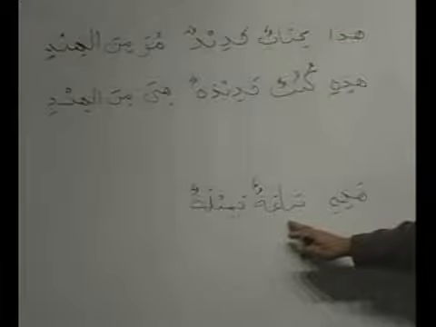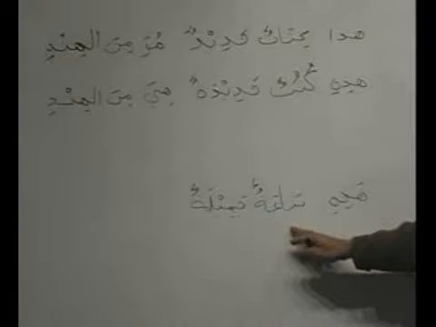Mubtada. Why did you use hazihi and not haza? Because sa'atun is a muannas. So mubtada and khabar should match. Okay? And then of course, jamilatun is a naat. It will match man'ut. Sahi? Very simple. Okay? But then kutubun is a jama and I'm treating it as if it is a singular like sa'atun. That's the way in Arabic language the plurals of ghair aqil are treated. They are treated that way.